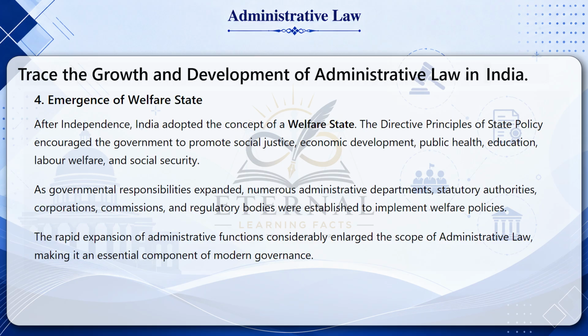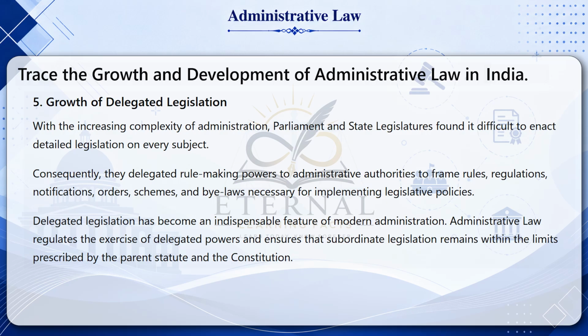As governmental responsibilities expanded, numerous administrative departments, statutory authorities, corporations, commissions, and regulatory bodies were established to implement welfare policies. The rapid expansion of administrative functions considerably enlarged the scope of administrative law, making it an essential component of modern governance.